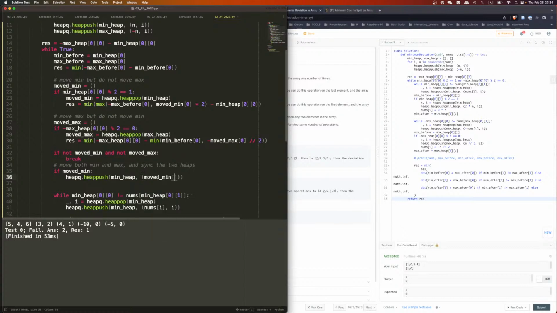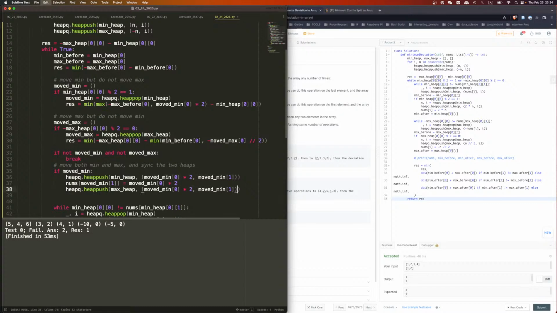Moved min 0 times 2, moved min 1, and nums of moved min 1 will equal moved min 0 times 2, and heapq.heappush max heap. So we'll do this one again, both have to do it. If moved max, same thing.